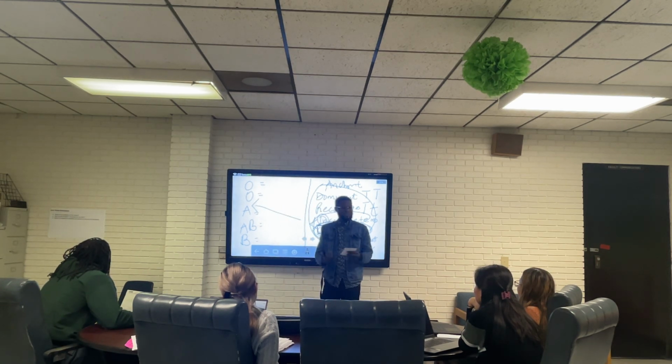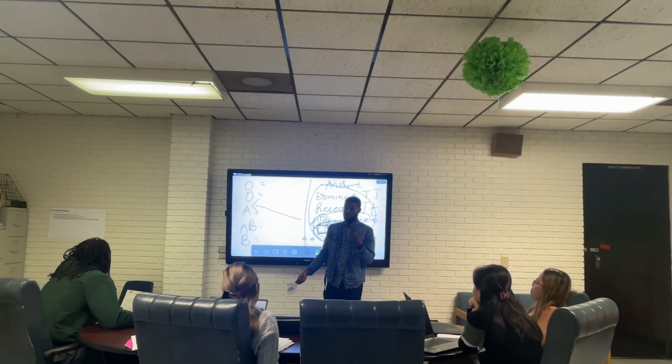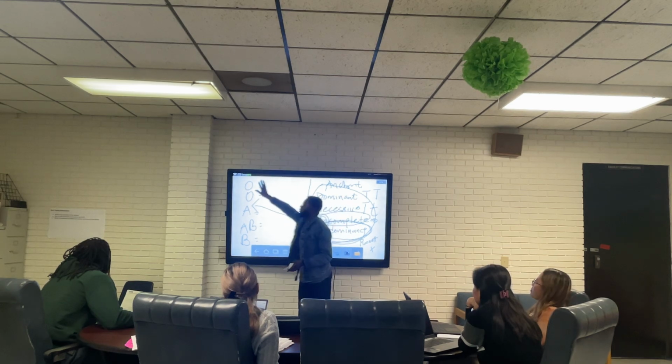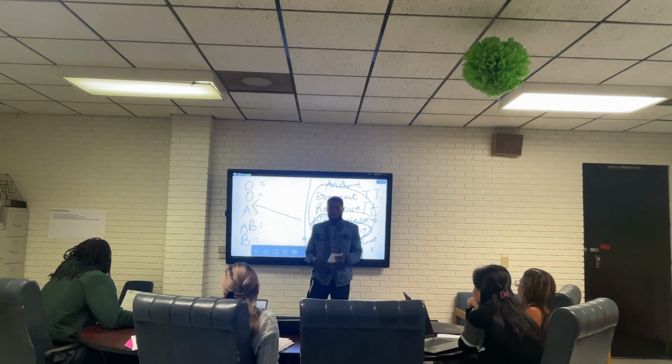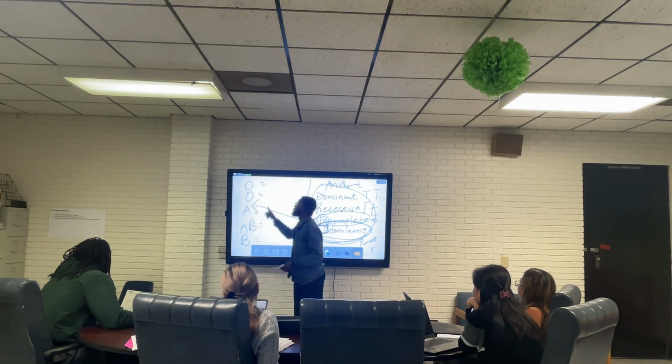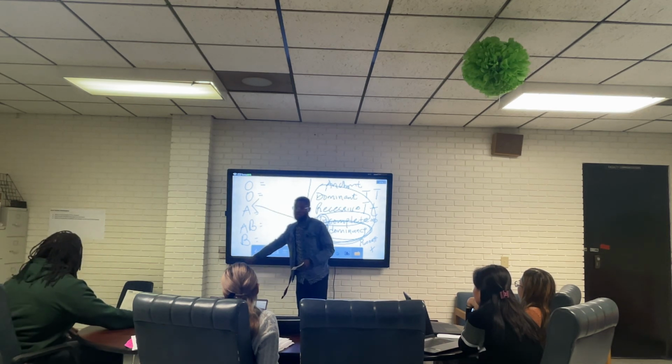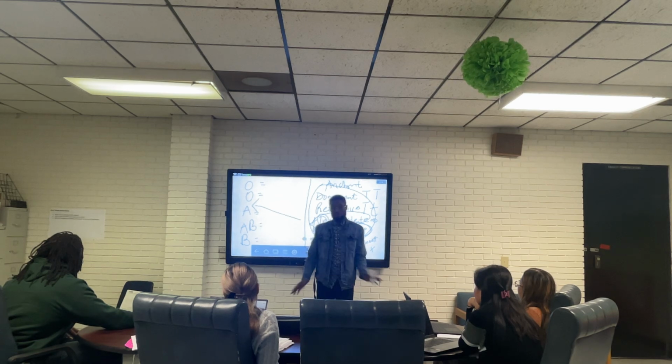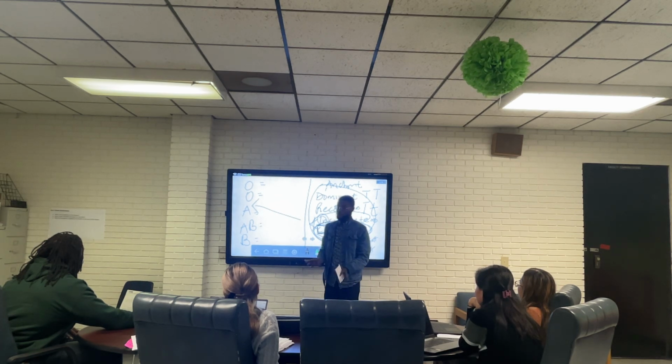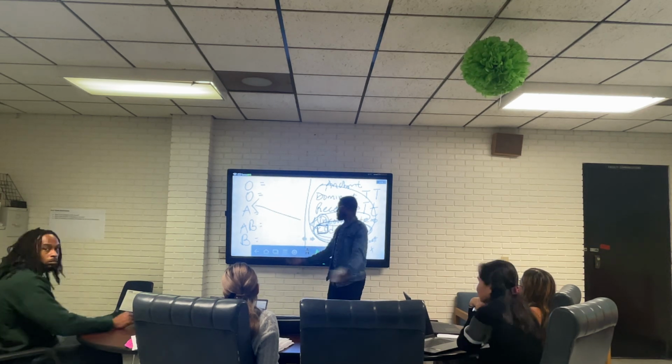Can you see it physically? Because we said a phenotype is a physical appearance, right? Now, you cannot see a blood group, but the blood group is also a form of expressed phenotype. So blood group O is a phenotype, AB is a phenotype, B is a phenotype.